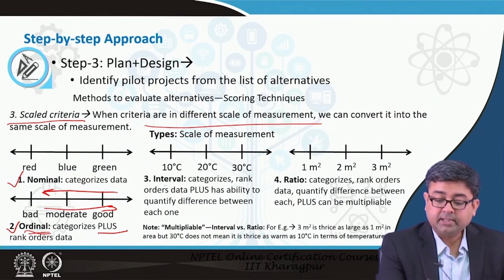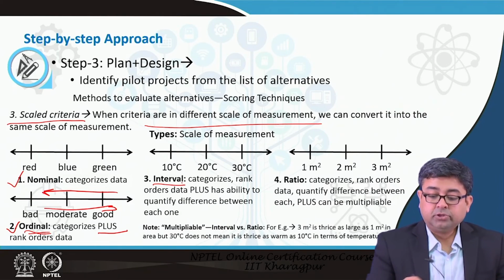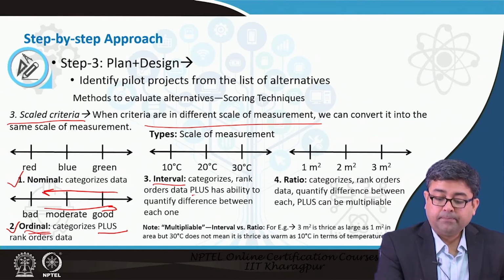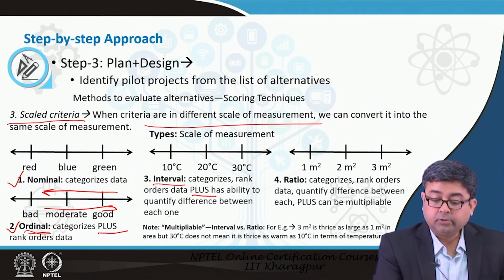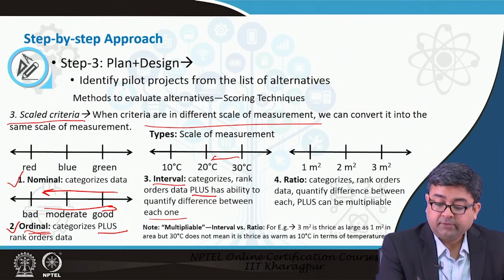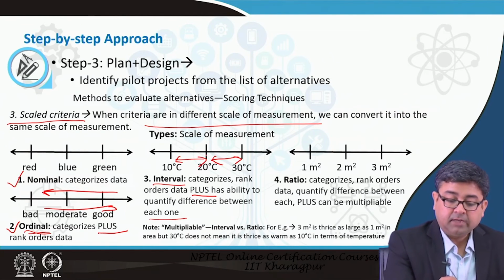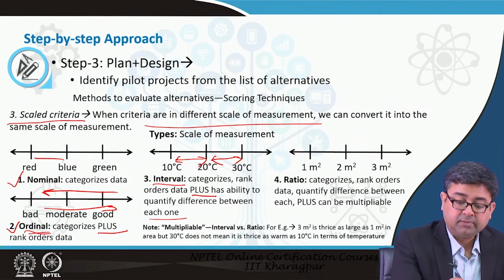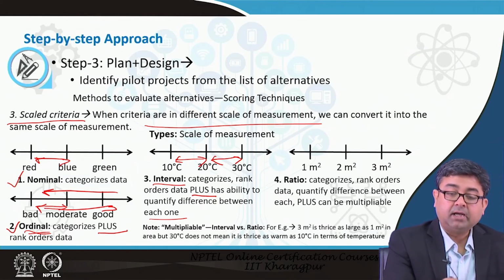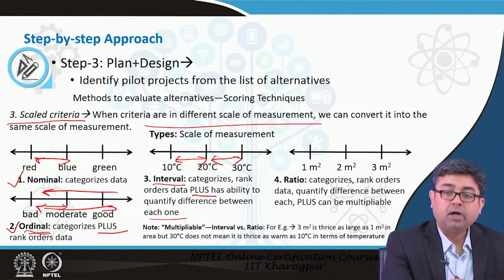The third type of scale is an interval scale. It categorizes, ranks, plus has the ability to quantify the difference between each one. In the ordinal scale, from bad to moderate, there is no quantification; qualitatively you can tell, but there is no quantification.